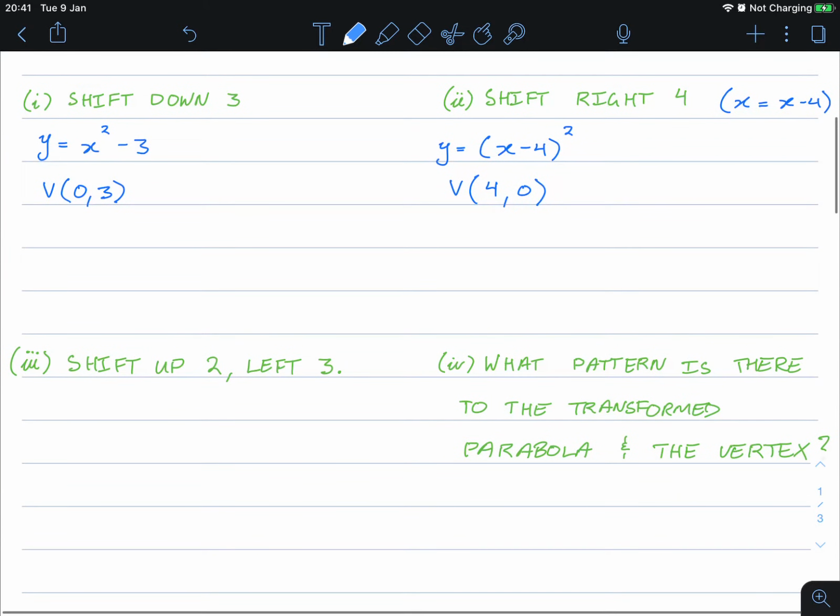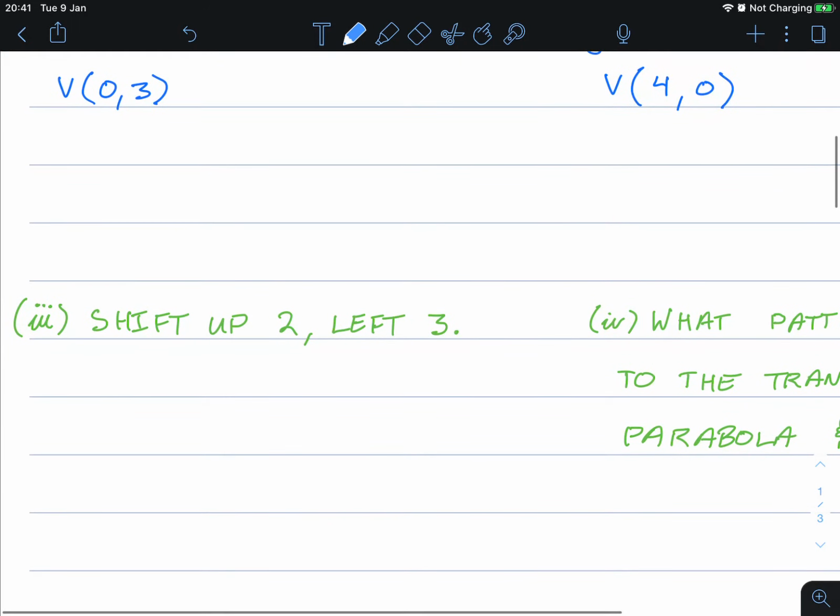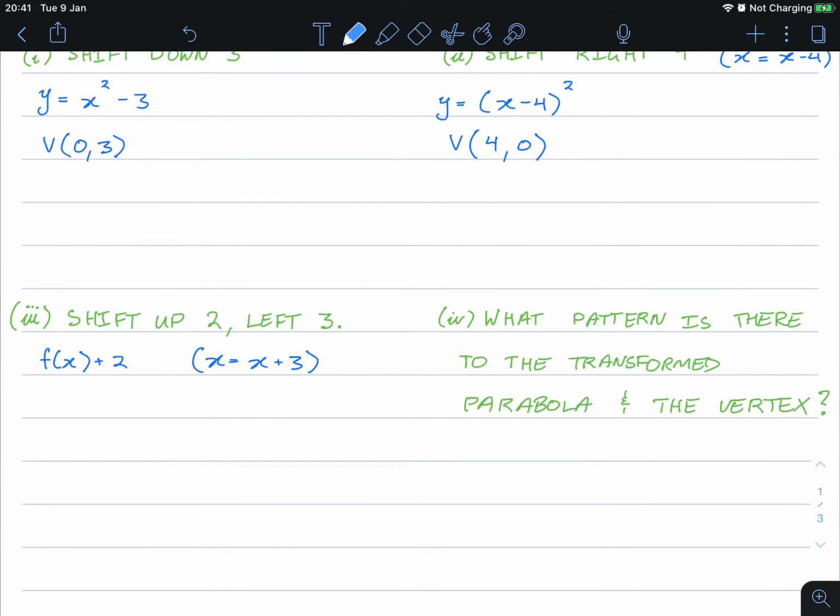Shift it up 2 spaces and left 3 spaces. To shift up 2 spaces, we take the function and add 2 because it's moving the function up. And to move left 3 spaces, we let x become x plus 3.